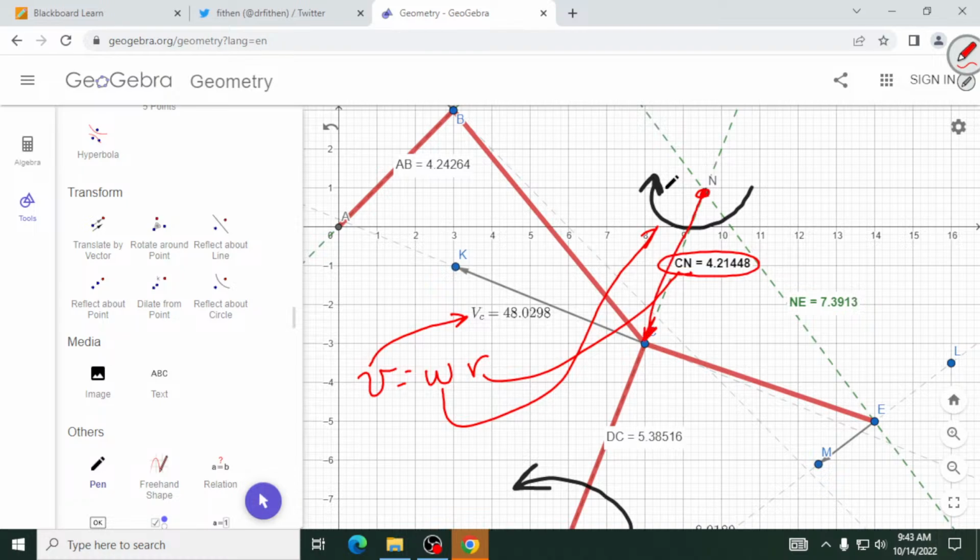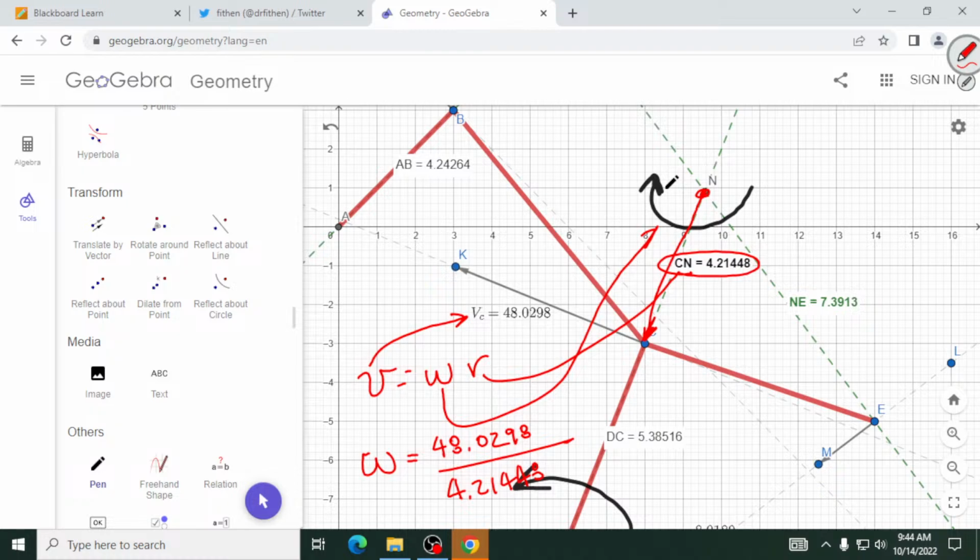If I'm looking for the omega, omega will be the V, 48.0298, divided by the R, which is 4.21448. Let's see, I don't believe that was left in my calculator.